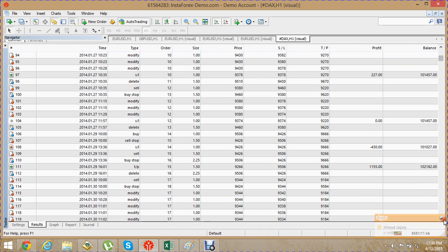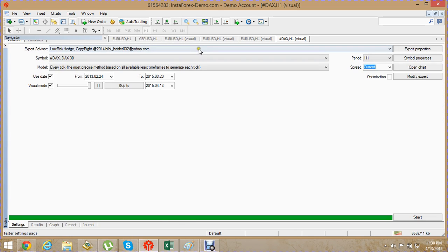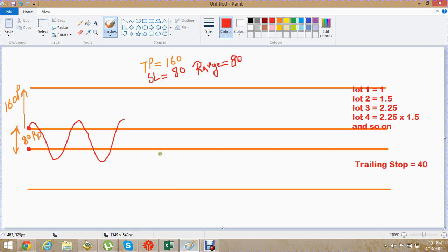So this was the strategy which I wanted to share with you. The previous strategy which I shared with you had its take profit and its stop loss the same.